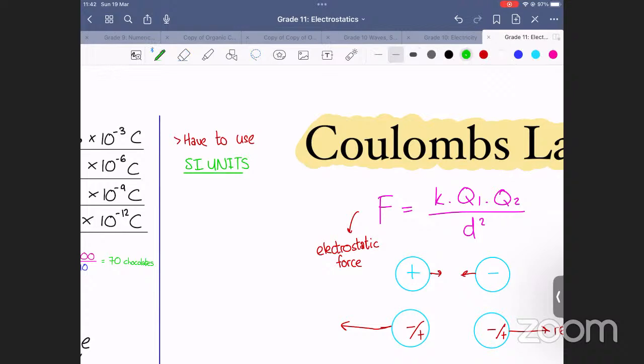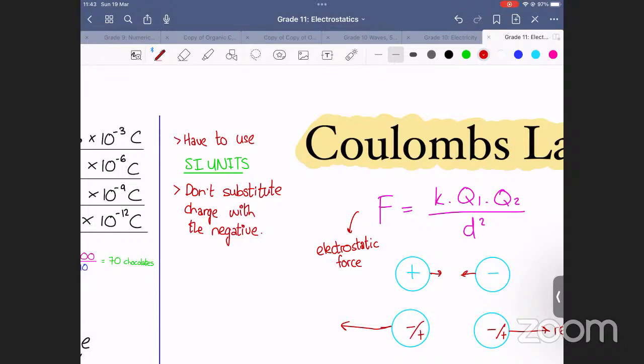Don't substitute the charge with the negative. Okay, so those are the two things we need to note.